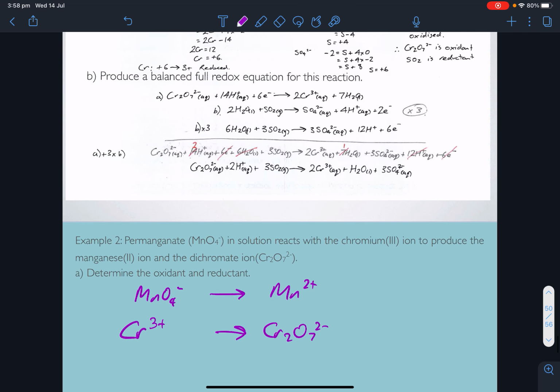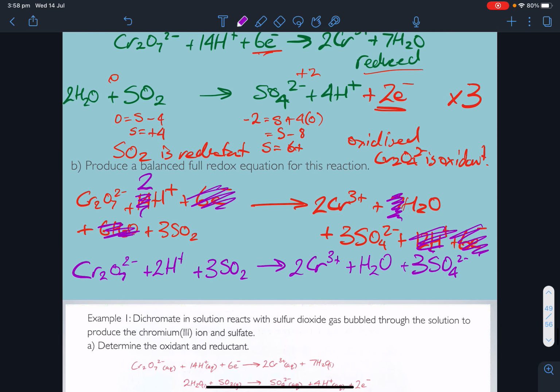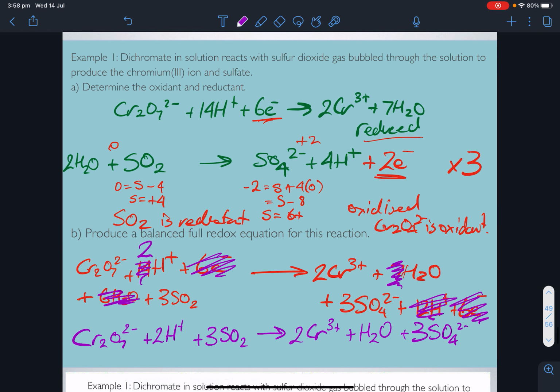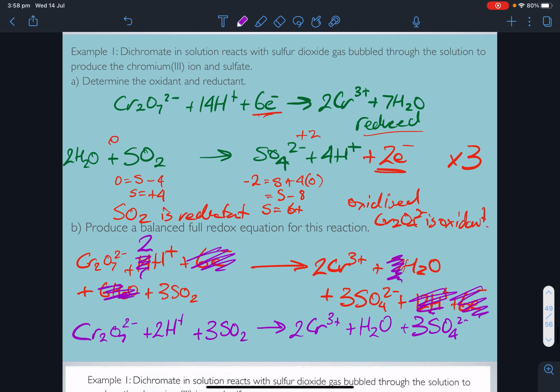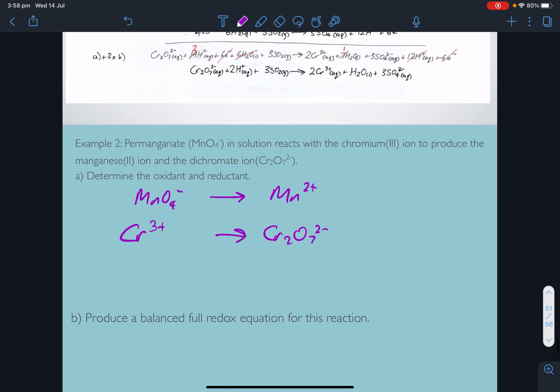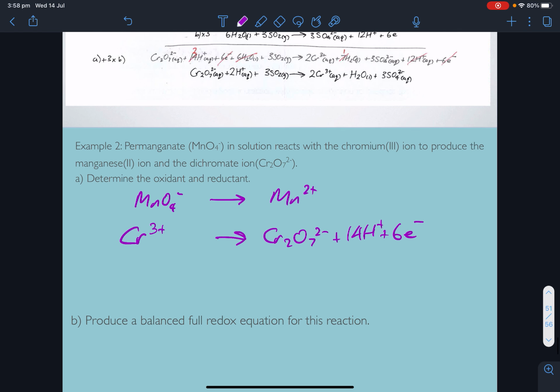So let's write the opposite of what we've done before: 14H plus and 6 electrons. Notice it's the reverse of what we did before.